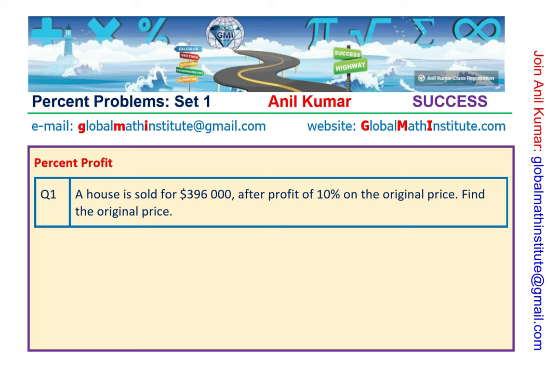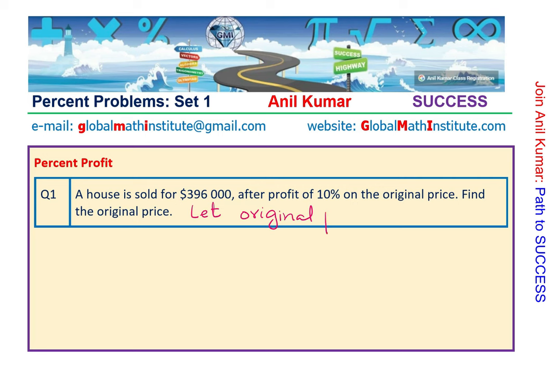competitive exams. So the very first question here is a house is sold for $396,000 after profit of 10% on the original price. Find the original price. So we'll begin with saying that let original price be, let's say C, okay.